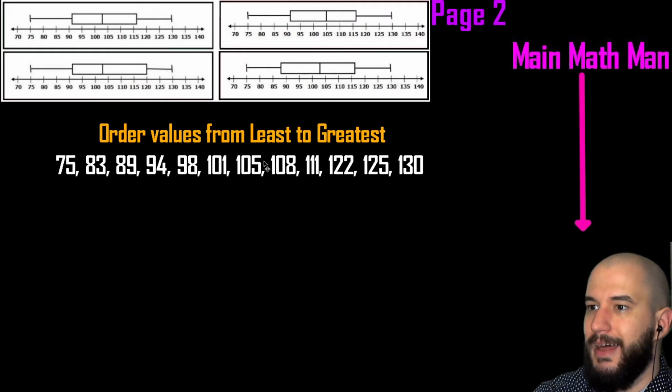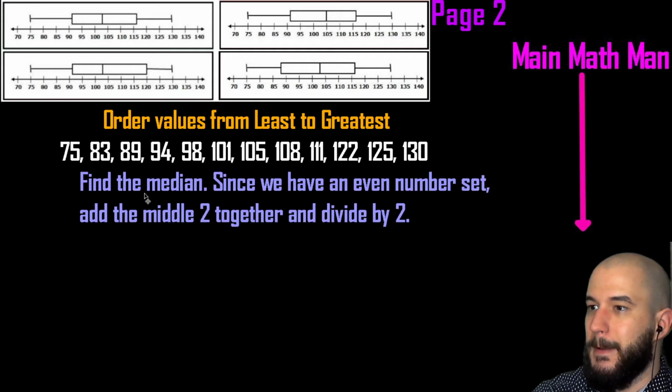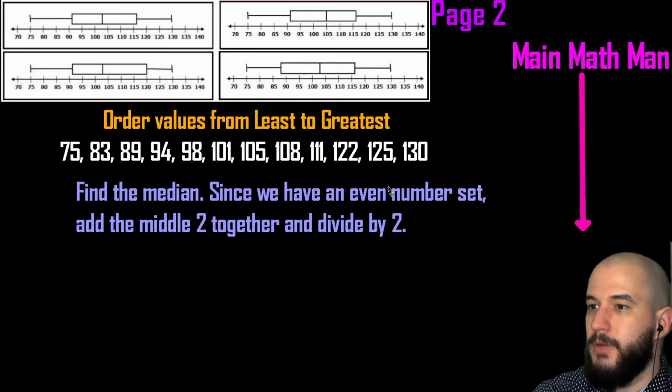Well, we know that when we go and try to find the median, we're going to have to take the middle two numbers and divide by 2. So let's see, I'm going to check off the ones that we use, one by one. What are we going to get in the middle?